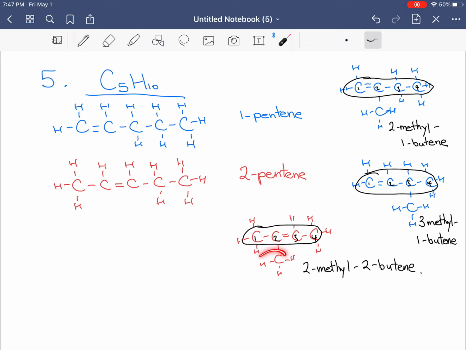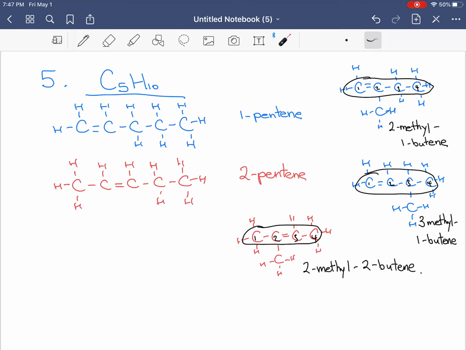Can I move this over here? 3-methyl-2-butene. I hope the answer is no. I really hope your answer would be no. All right. How was that? Okay. Are you guys comfortable yet with alkenes?